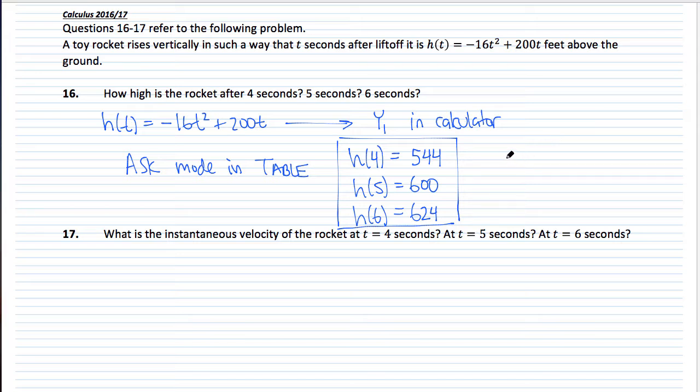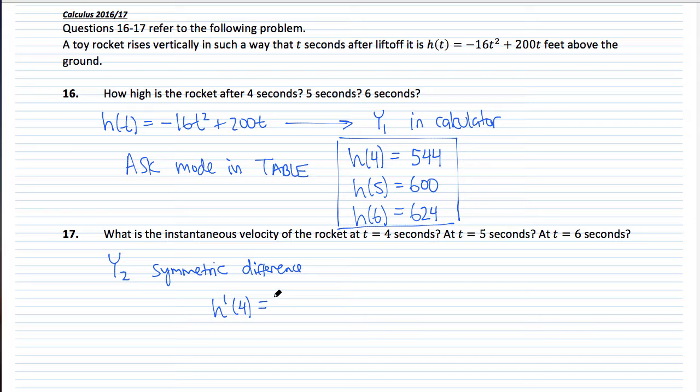Now the other good thing about using your calculator is if you still have your symmetric difference equation in y2, you can use that to approximate your instantaneous velocity at the same locations. So if you have that symmetric difference, then all you need to do is look to the next column in your list, and you will see that the instantaneous velocity, or h prime, of each of these is given right there.